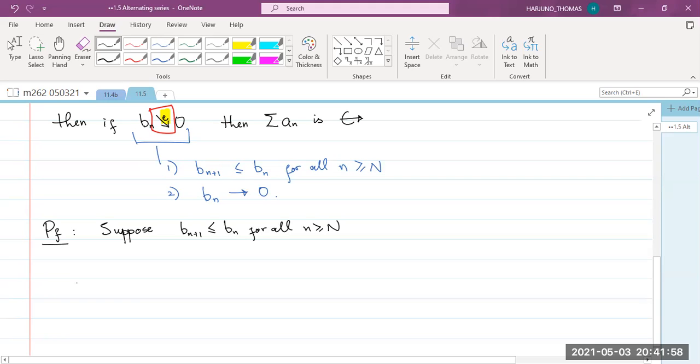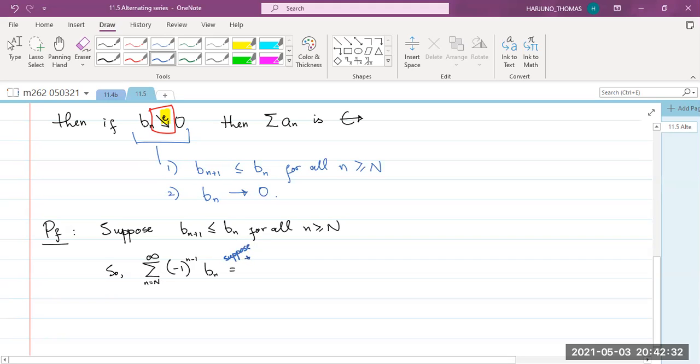Okay, so we have the series (-1)^(n-1) from n equals capital N to infinity of b sub n. Let's suppose we start from the positive part, because you may start from a positive term, maybe from a negative term.